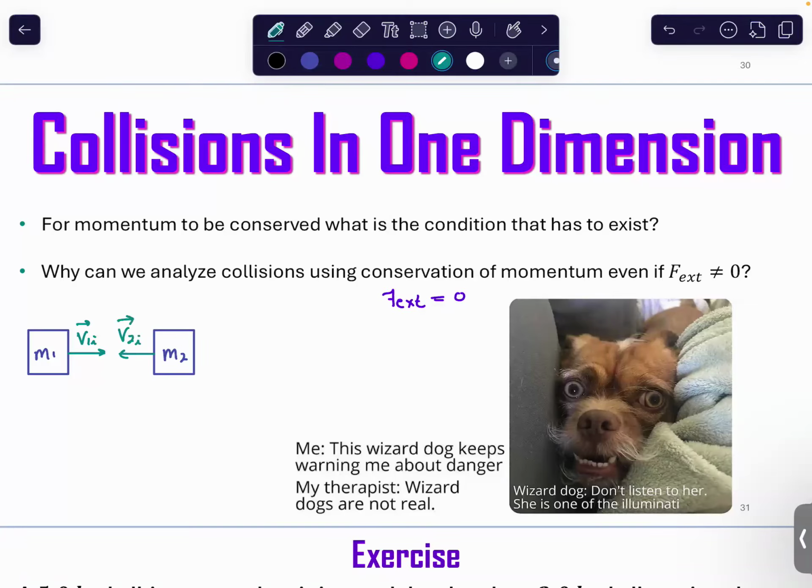And then they're going to collide. Now, when they collide, for the amount of time delta t that they're in contact, they're going to be exerting forces on each other, using Newton's third law.